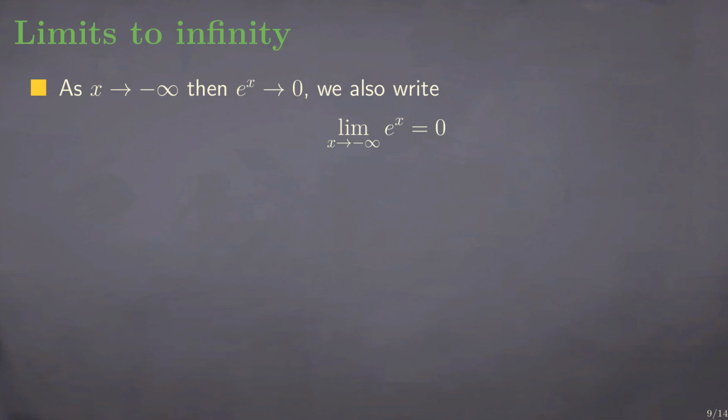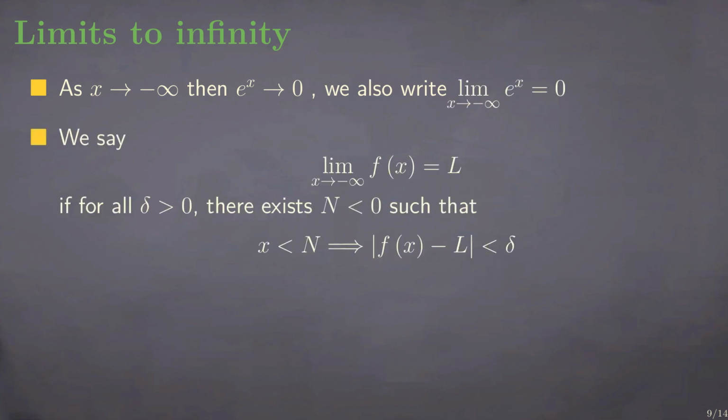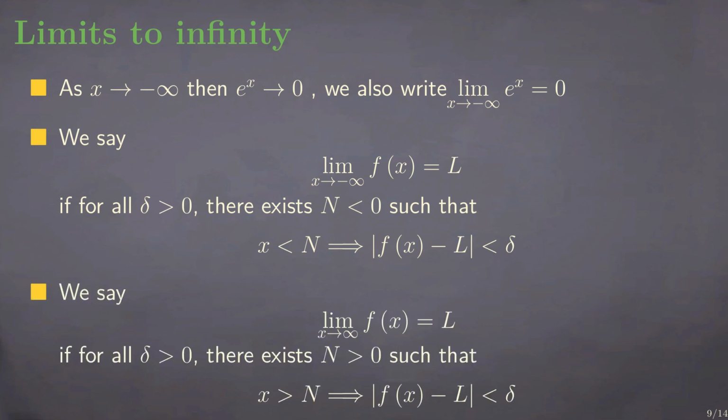And based on the definition of limit, we can say that the limit of f(x) when x tends to minus infinity is L if for all delta greater than 0 there exists a negative number N such that whenever x is less than N, then the distance from f(x) to L is less than delta. And similarly, we can define the limit of f(x) where x tends to infinity.